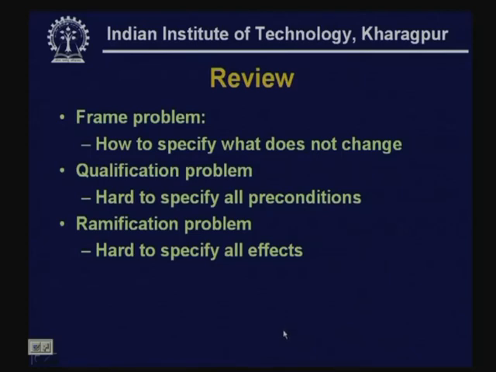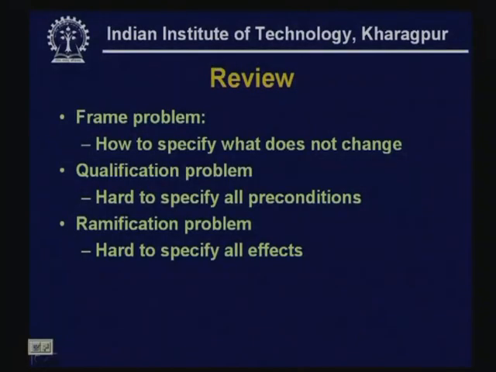In the frame problem, we wanted to specify what does not change. When the agent carries out some action, there are preconditions and effects of the action, but the rest of the world does not change.